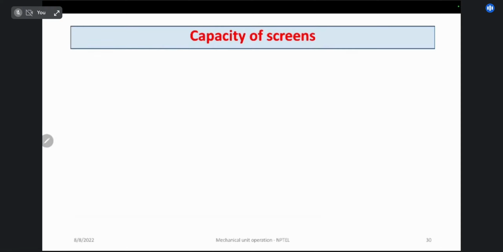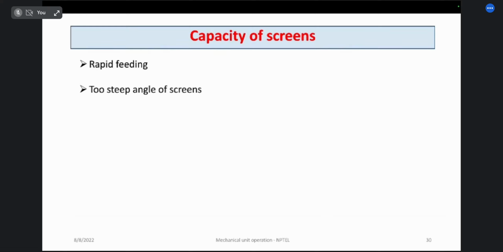Now, the capacity of the screens. Here we will discuss the factors which reduce the capacity of the screen, or what the capacity of the screen depends on. One is rapid feeding.